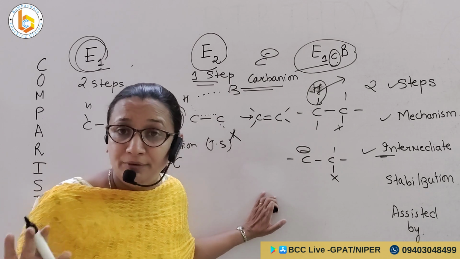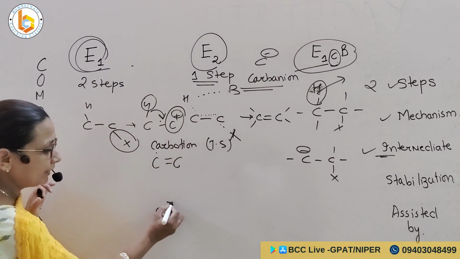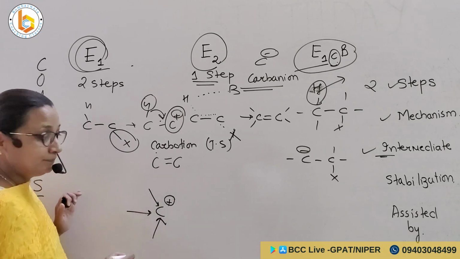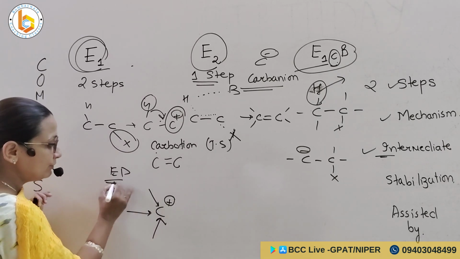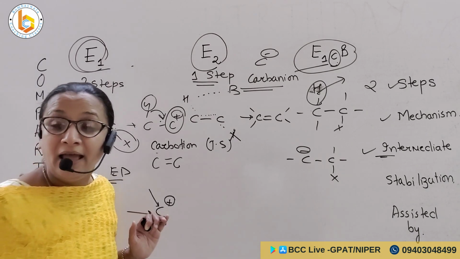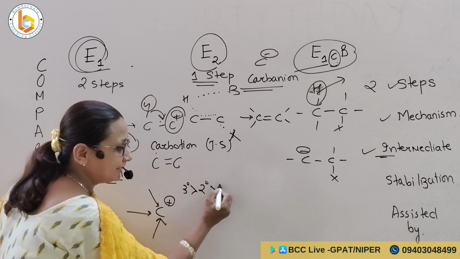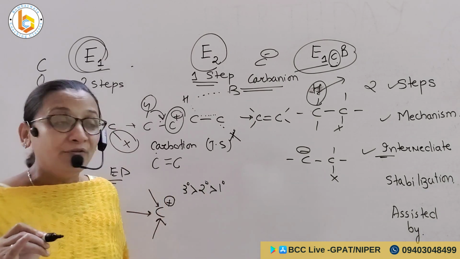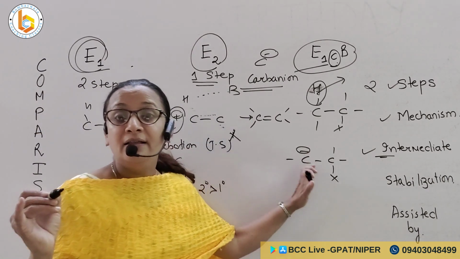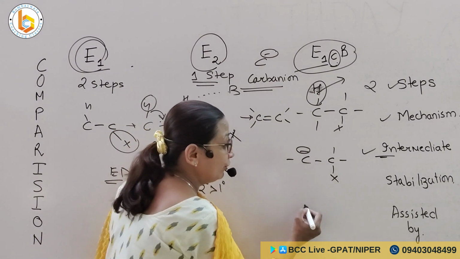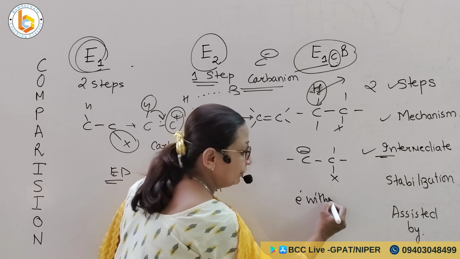Now always remember that for a carbocation, electron donating groups stabilize it, and that is why we say 3 degrees greater than 2 degrees greater than 1 degree. Whereas for a carbanion, stability comes from electron withdrawing groups.